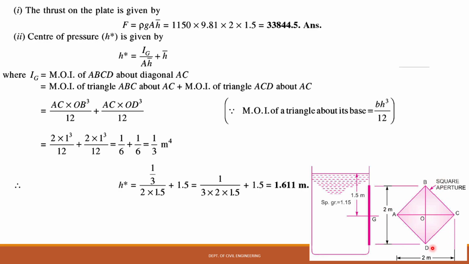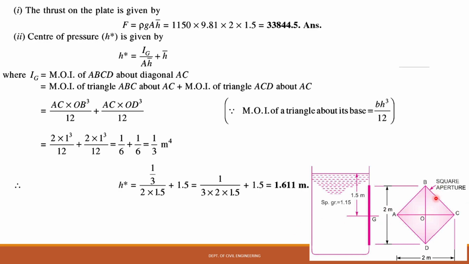So you can find out easily by splitting the square area into two triangles. So you have a triangle ABC and the axis is passing through its base. You have another triangle ADC, and again the axis is passing through one of the sides.